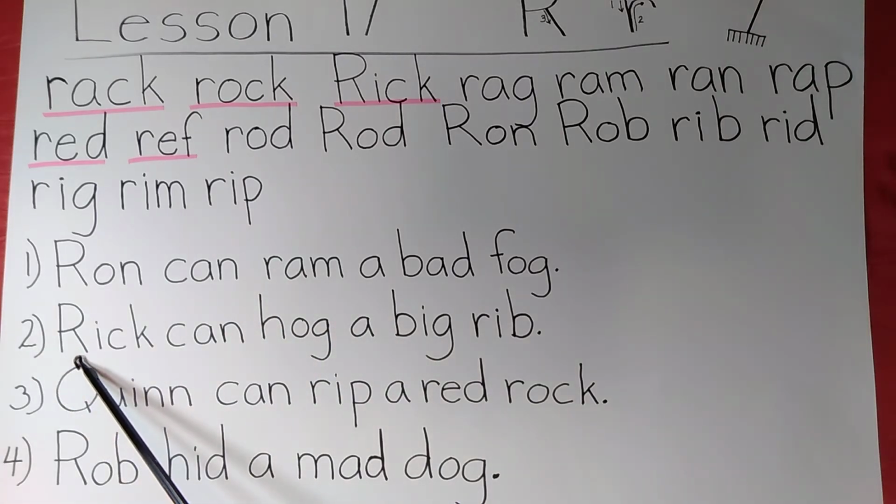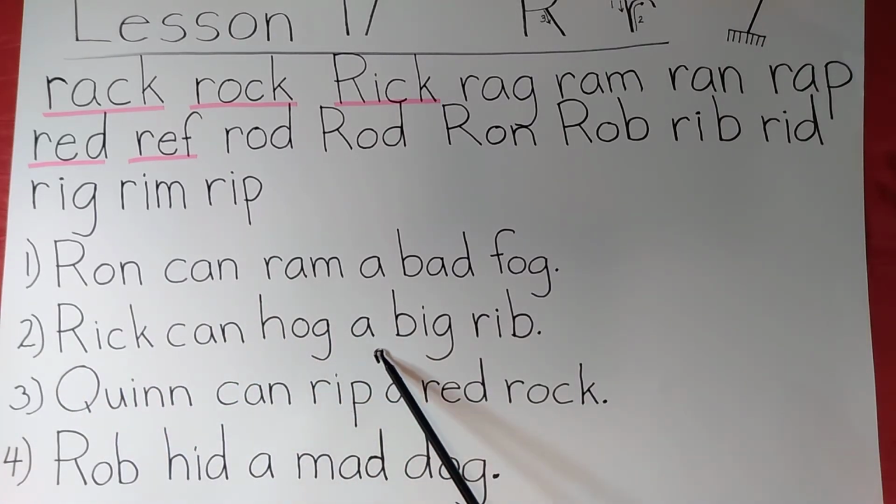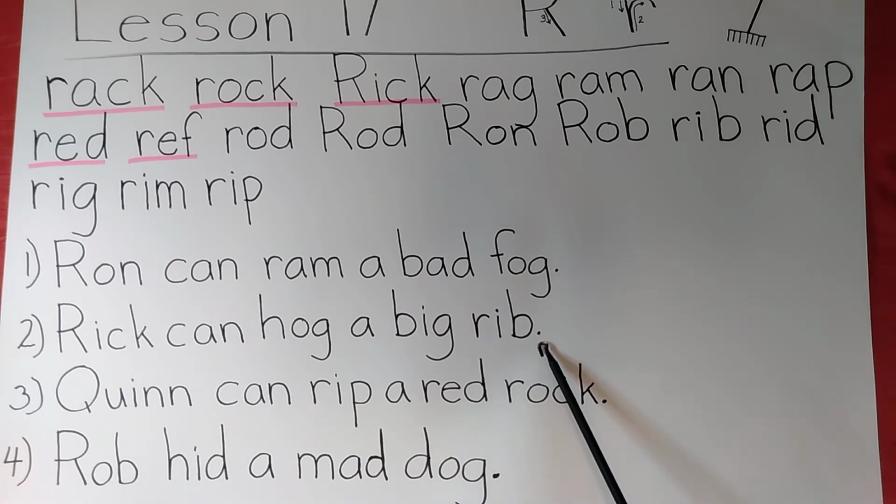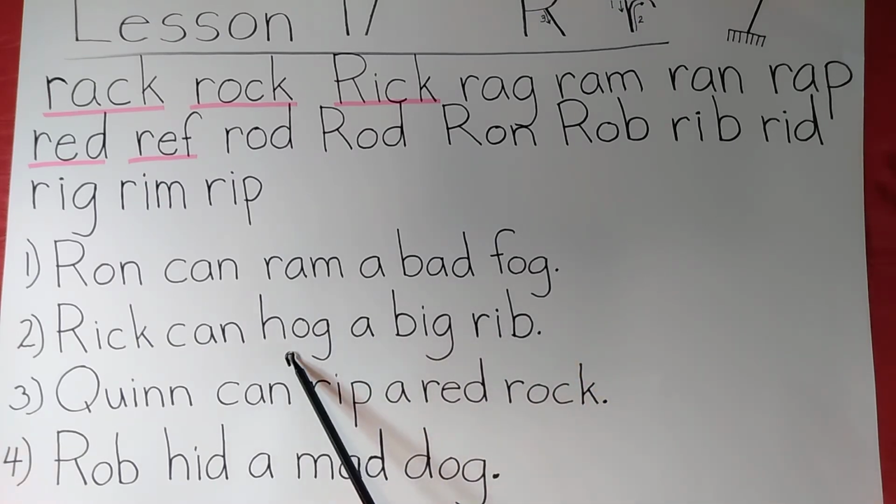Number 2, Rick can hog a big rib. And here again, the definition of this word hog, they may not know, they might know, that it means to be selfish and piggy and taking more than your share and not sharing.